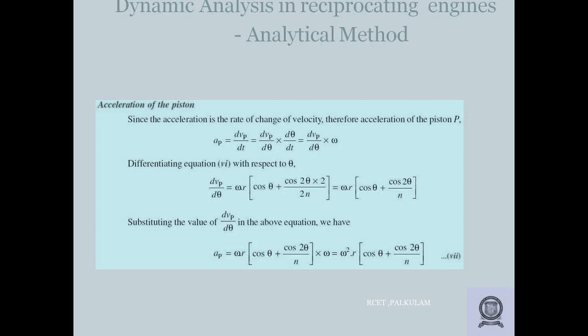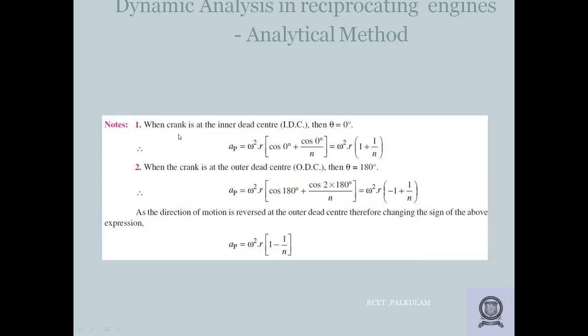The acceleration of the piston is equal to omega into r into (cos theta plus cos 2 theta divided by n) into omega, which is omega square into r into (cos theta plus cos 2 theta divided by n). When the crank is at IDC, inner dead center, take theta as 0. Therefore, the acceleration of the piston becomes omega square r into (cos 0 plus cos 0 by n).